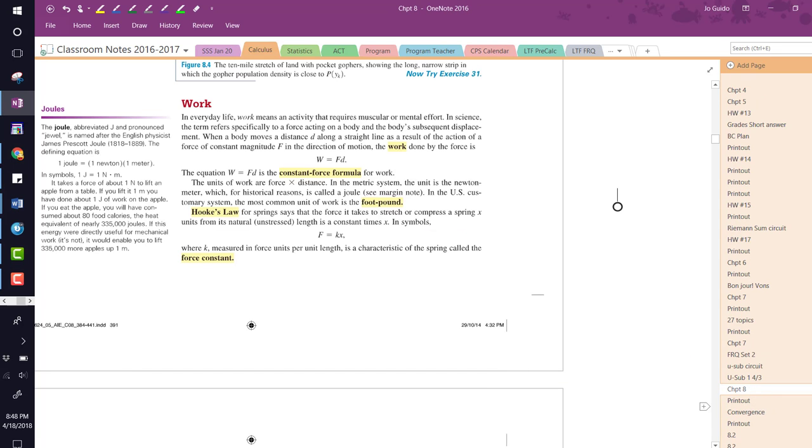Okay, the last example that we want to do has to do with work. So pause the video here and take a minute to read this part.